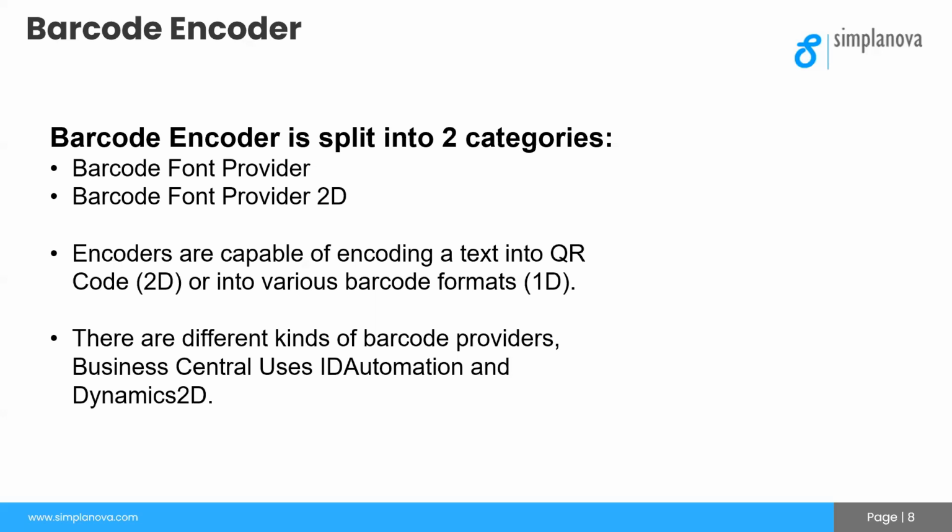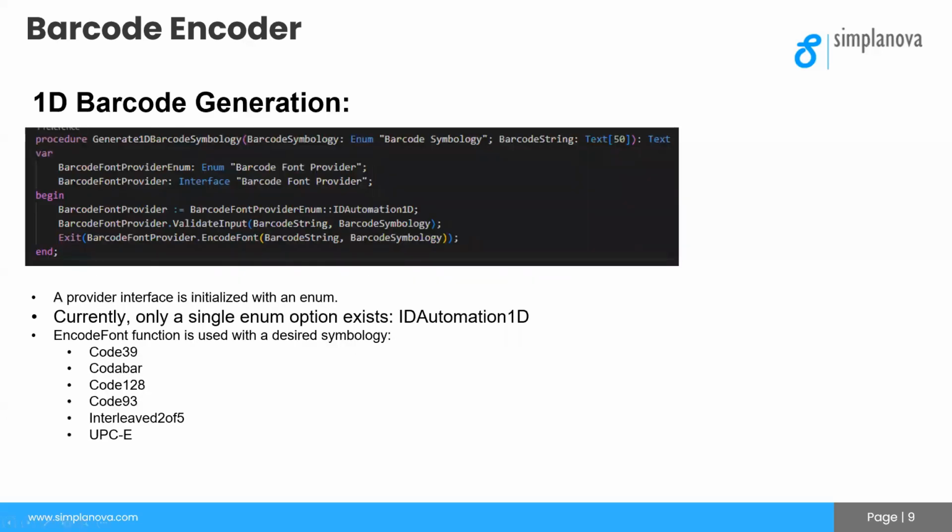The one-dimensional encoder simply encodes the text into barcode format. The main function we'll be looking at is the one also provided as an example in the Microsoft GitHub.